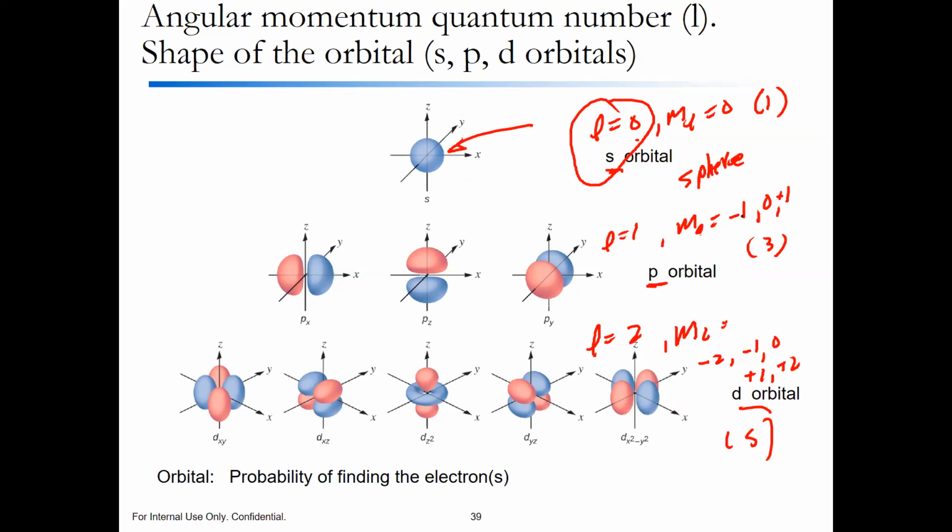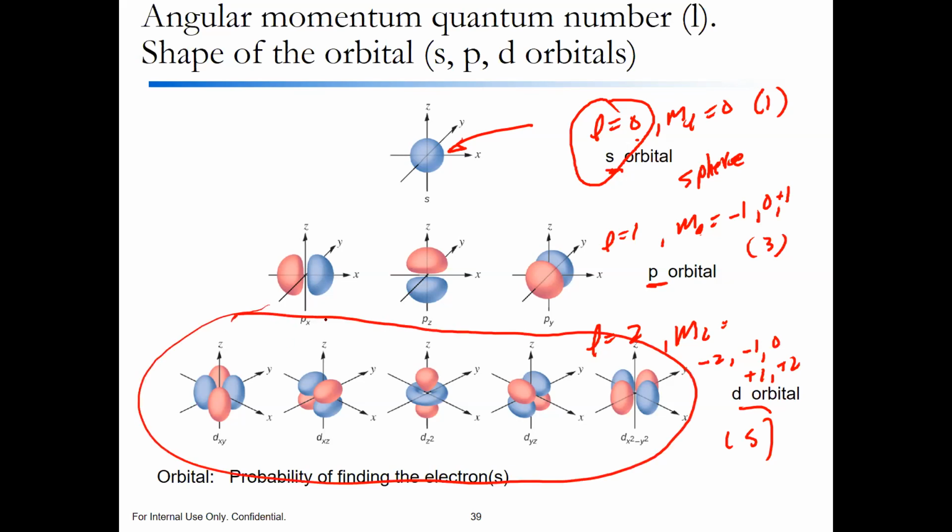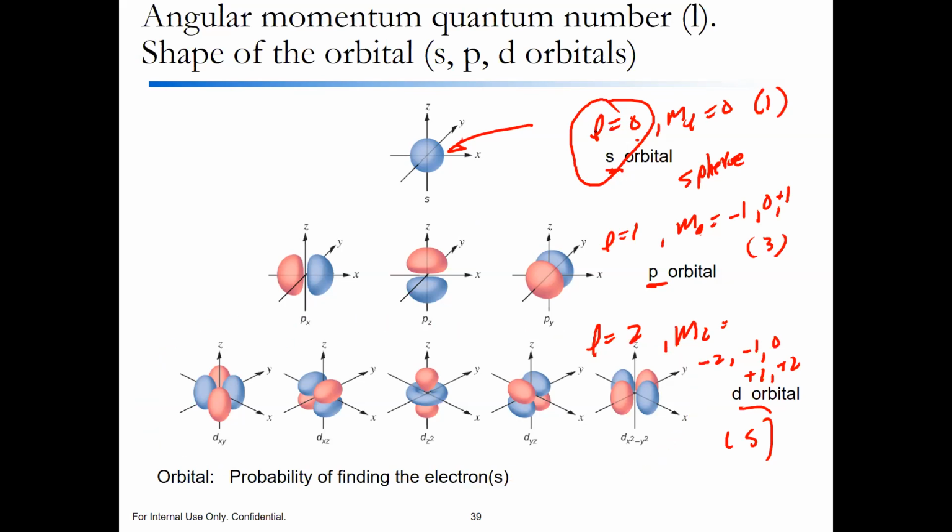When m_L is 3, I have 3 p orbitals. When m_L is 5, I have 5 d orbitals. So this L value, 0, 1, and 2 tells us if I have an s orbital, p orbital, or a d orbital. This m_L tells us how many orbitals I have.